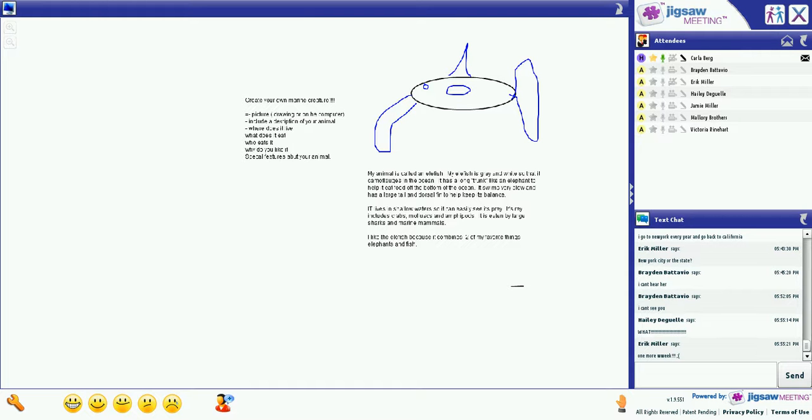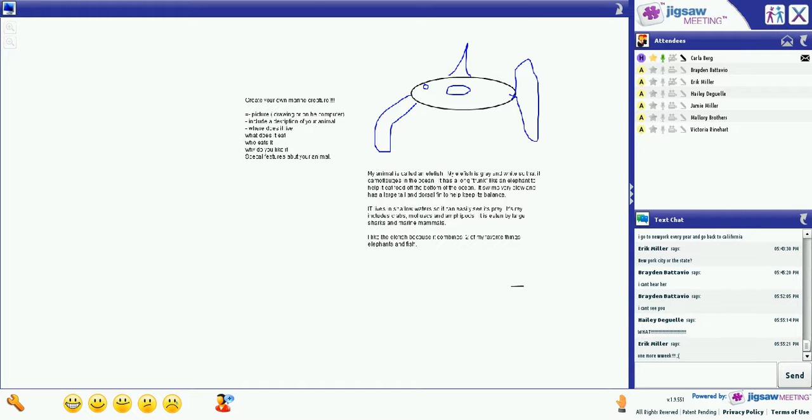Now you get to create your sea creature based on what you have learned. You will need to draw a picture. You can either do a drawing or you can draw something on the computer. You need to write a description of your animal. Where does it live? What does it eat? Who eats it? Why do you like it? And any special features about your animal.